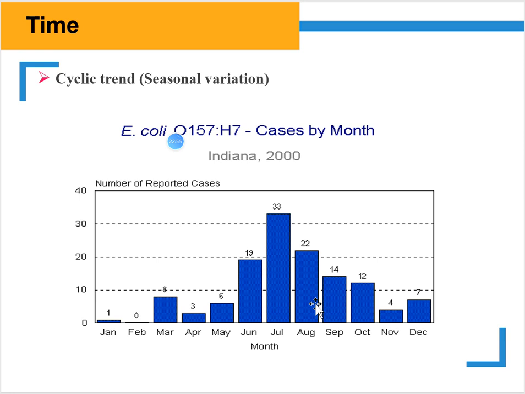Diarrhea occurred frequently in June, July, August, September, and October. That is, it occurred frequently in summer and autumn every year. This is seasonal variation, a kind of cyclic trend.